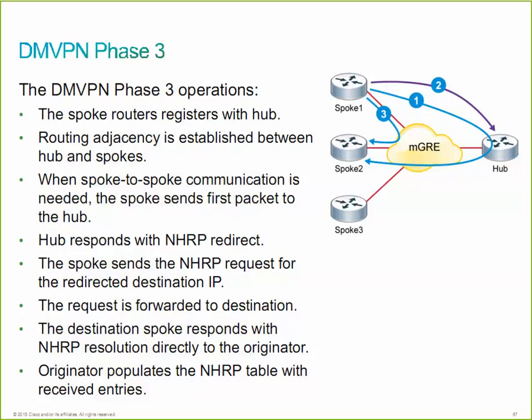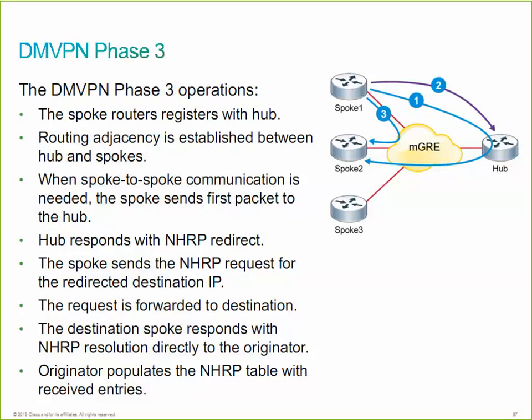That is the other big difference, obviously. All right? When the other spoke, we haven't finished the process yet, because remember, this is unidirectional, so we have to do this in both directions. So when that other spoke receives the NHRP request, it responds directly to the originator of the packet.